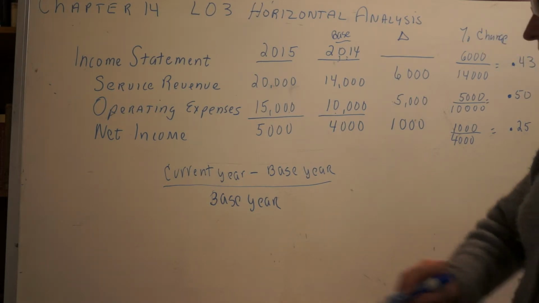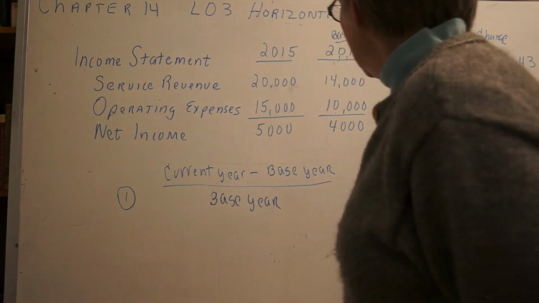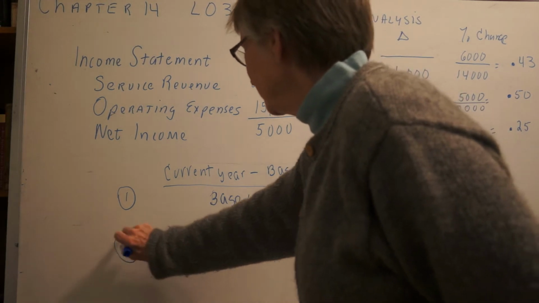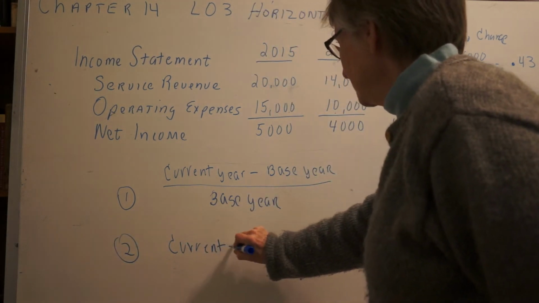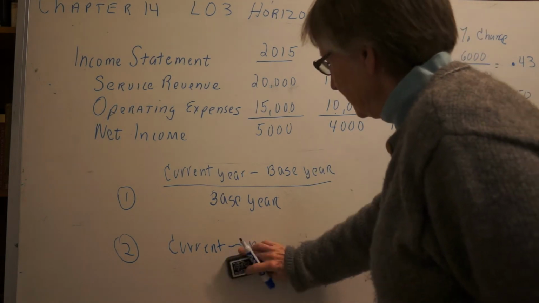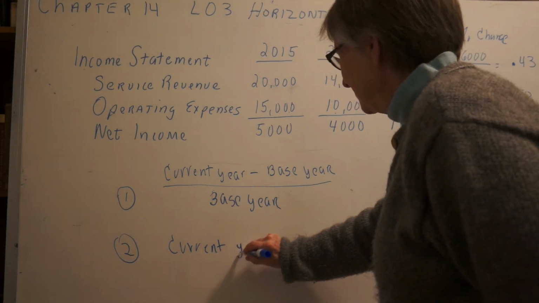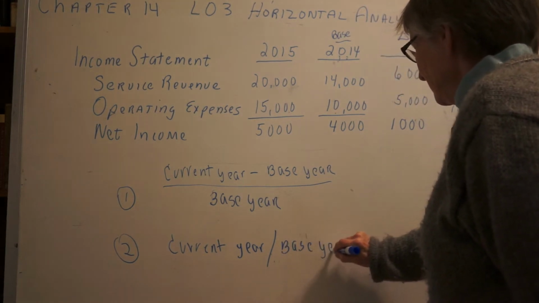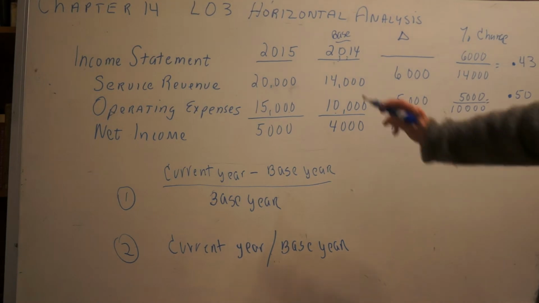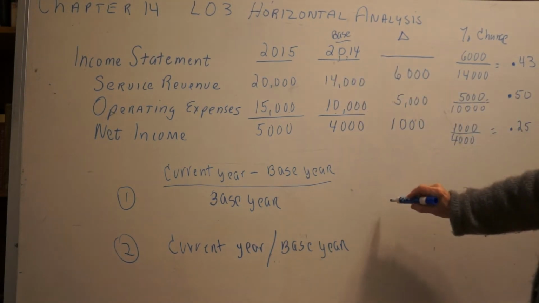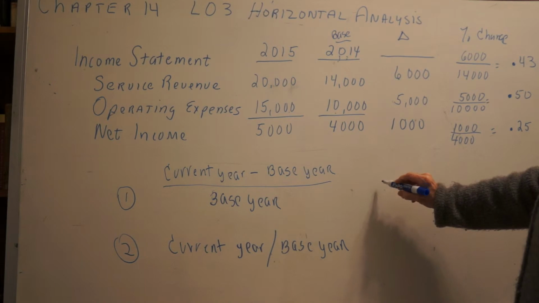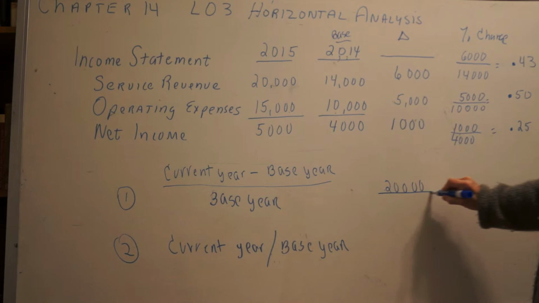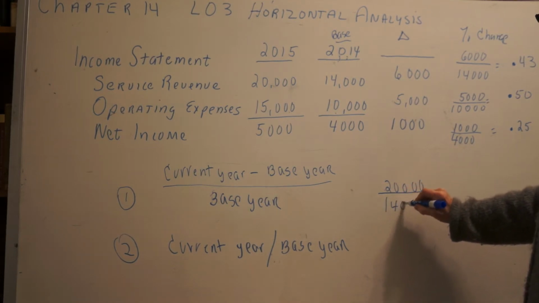Okay, so the other way to do it, so this is way one, and the second way to do it is you could simply take the current year divided by the base year. So if we were doing that with these numbers, we would take the 20,000 for service revenue divided by the base year, which would be 14,000.